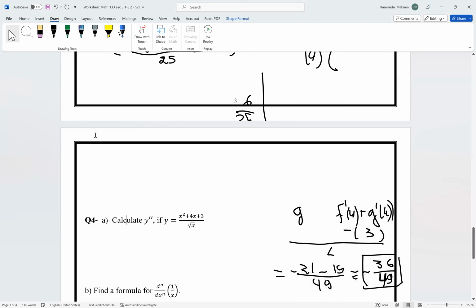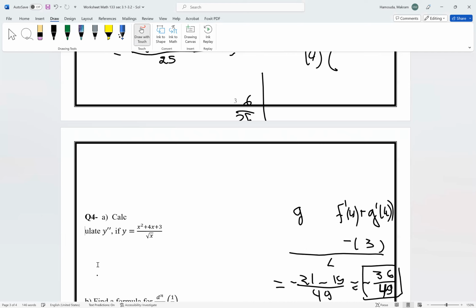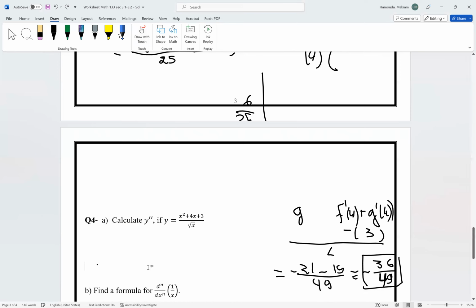So for question 4, we have the function and we want to compute y second for this function. To compute the second derivative, you need all the time to compute the first derivative first.